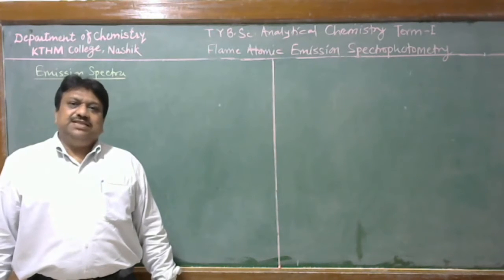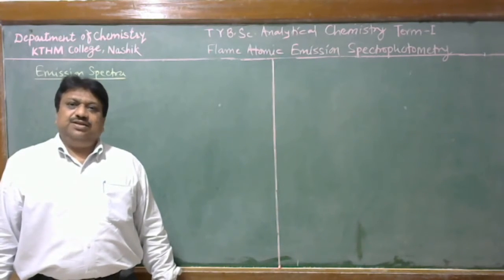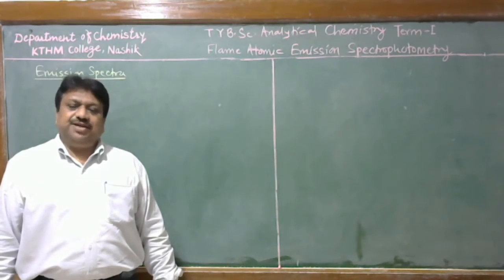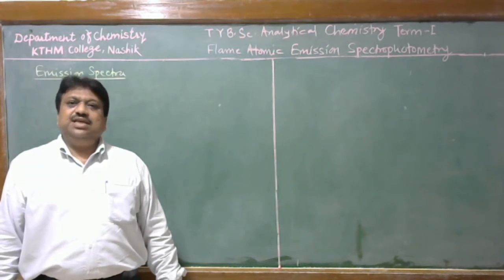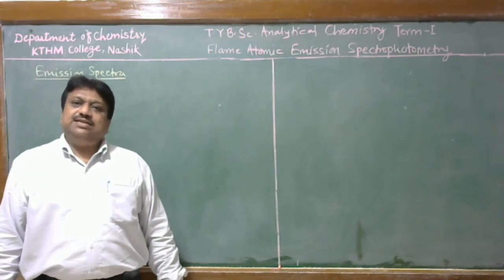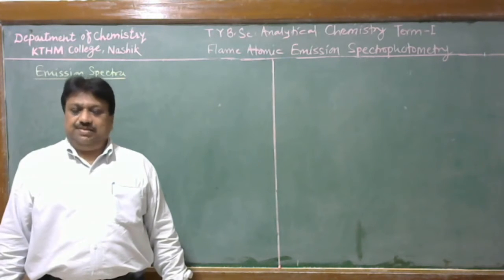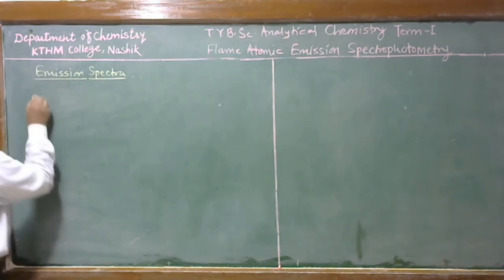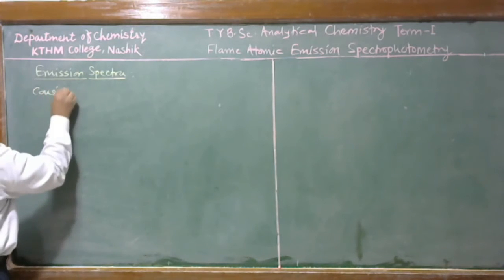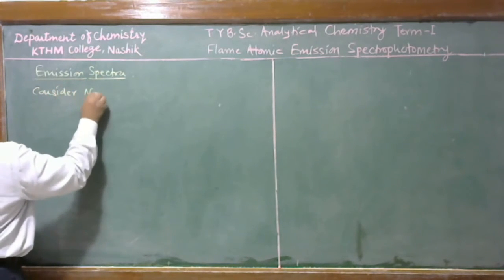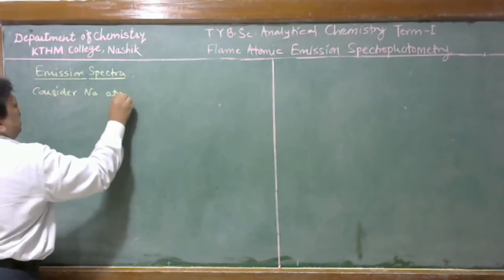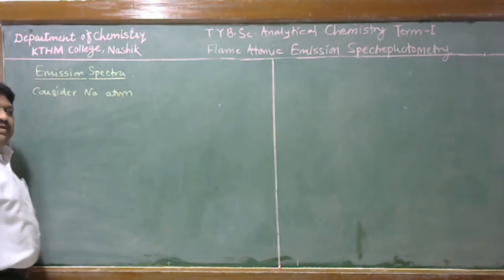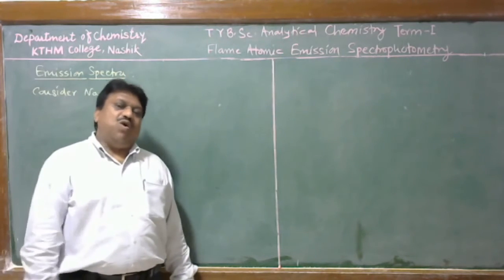After the principle of measurement in flame emission spectroscopy, we discuss the emission spectra and its application in analytical chemistry. Here, consider the sodium atom. When we aspirate sodium into the flame, sodium atoms are formed.